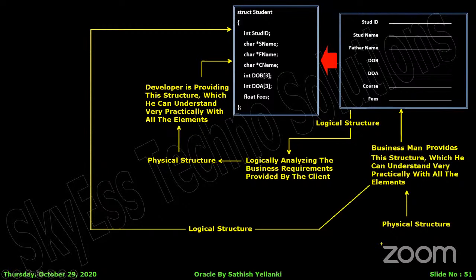Therefore, one simple thing you can always say is: any structure that is created by you and you are the owner of it becomes a physical structure to you. The data or collection of data you analyze to develop that physical structure becomes a logical structure for you. In this way, is this construct clear?